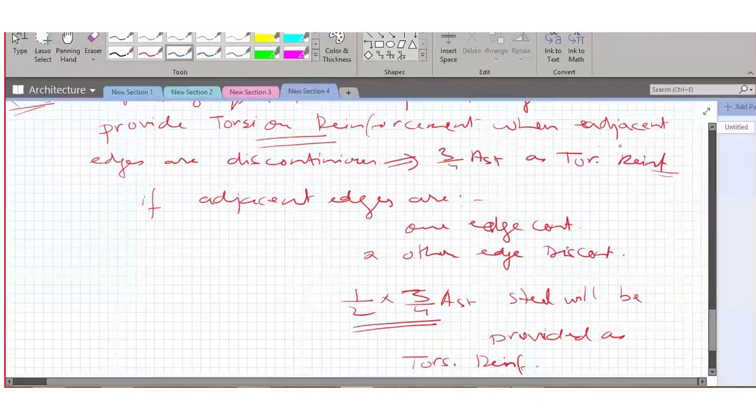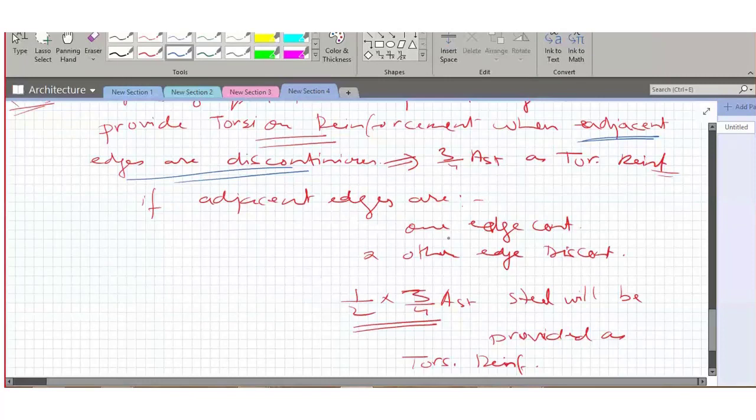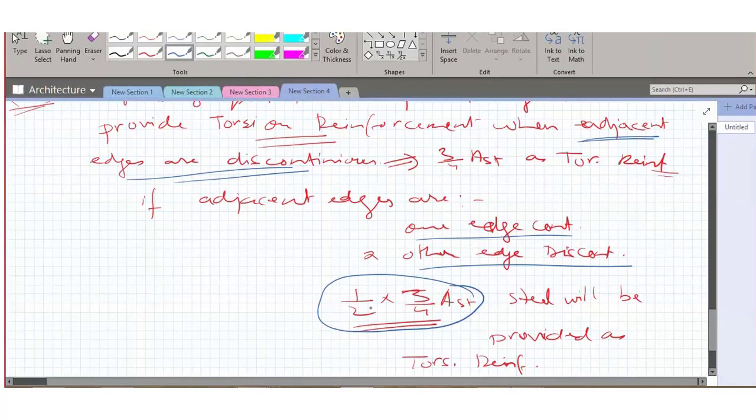If adjacent edges are discontinuous, 3/4 of Ast is provided as torsion reinforcement. And if one edge is continuous and the other discontinuous, 3/8 of Ast, that is half of 3/4 Ast, will be provided as torsion reinforcement.